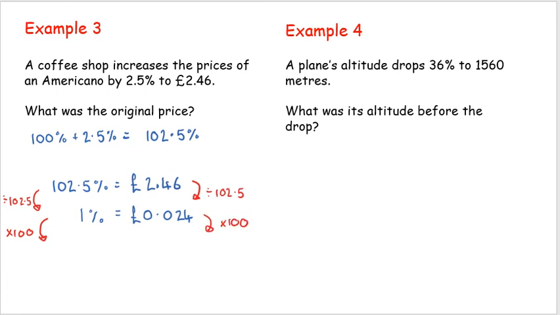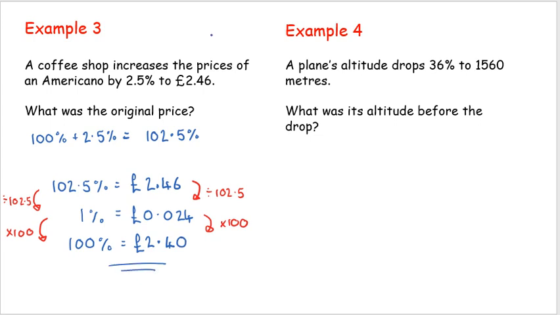And let's see what we're left with. So 100% is equal to, when I multiply this by 100, £2.40. Now be careful, I do end up with 2.4 here, but because we're dealing in money, we always need to have 2 decimal places if we have any decimal places at all. So we need to put an extra 0 at the end there. So £2.40.